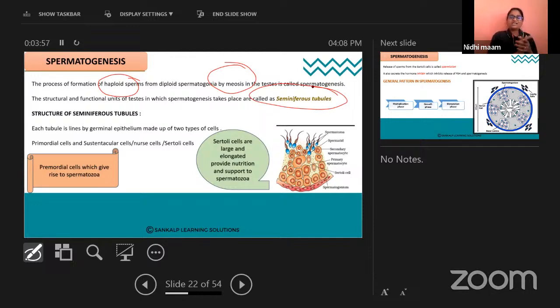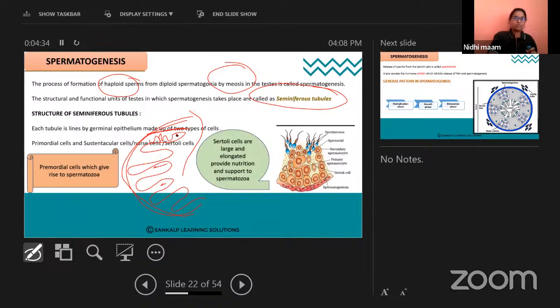In the previous session, we discussed that when you take a cross section of a testis, the outer layer and the inner layer, the tunica vaginalis, will have certain foldings. These foldings we call lobes or lobules. Each lobule has a coiled structure, called the seminiferous tubules. Spermatogenesis happens in them.